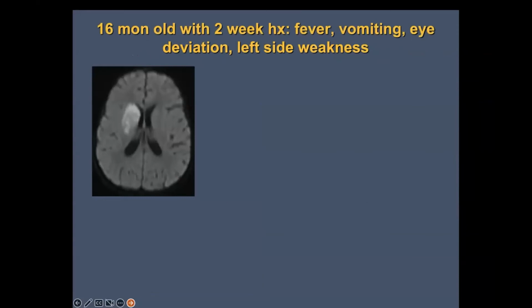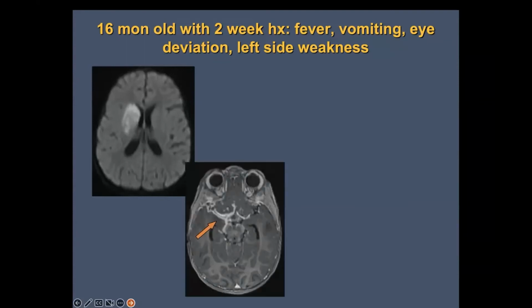This was a child, a 16-month-old, who came in with some nonspecific symptoms of vomiting, had some eye deviation and some left-sided weakness. So they did a brain MR. This is a diffusion weighted image, and you can see this bright area in the basal ganglia, which represents a large area of infarction, which initially wasn't clear why this child had infarction.